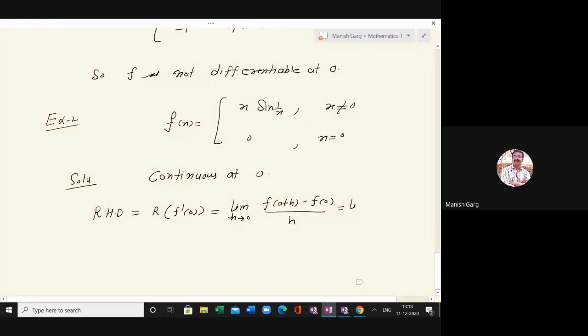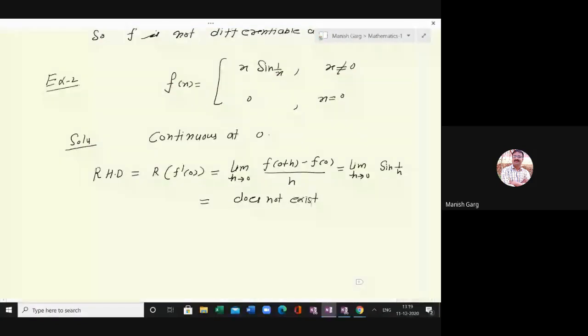So this is the limit where h will cancel out, leaving sine 1 upon h. Again, it does not exist. The right hand derivative does not exist. The same thing you can write for the left hand derivative: limit as h tends to 0 of f(0 minus h) minus f(0) over minus h.